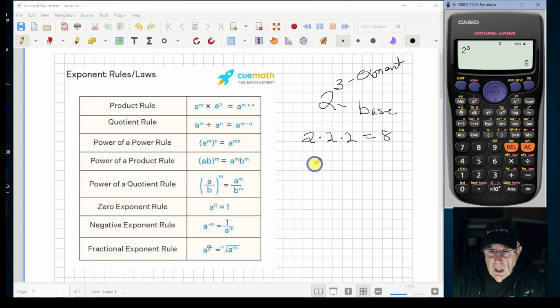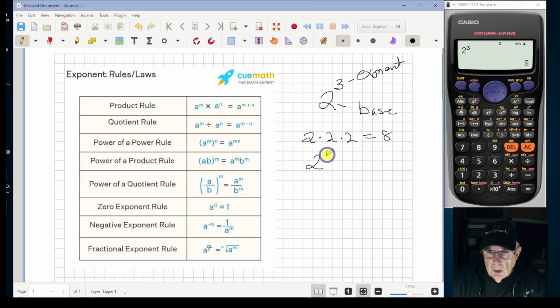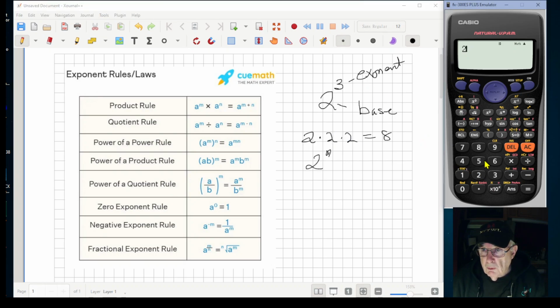You can see if you had something like 2 to the 19th power, can you imagine writing that out longhand? This is where you would certainly want a calculator. So if we have 2 raised to the 19th, that's going to be a pretty big number. We get 524,288. All right. So that's what they are.